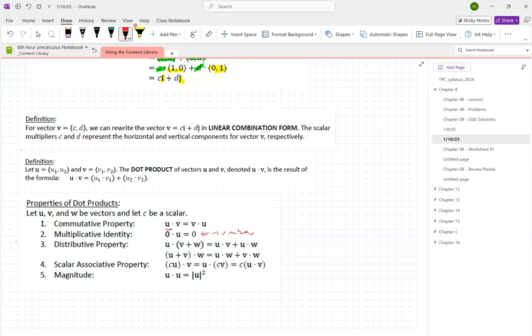So keep in mind that's the number 0, right? The other one is the vector 0. The dot product is distributive. So u dot (v plus w) is the same as u dot v plus u dot w. And it doesn't matter if the sum is first or second.